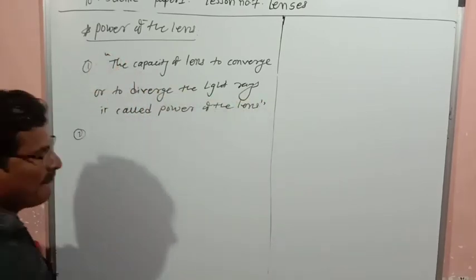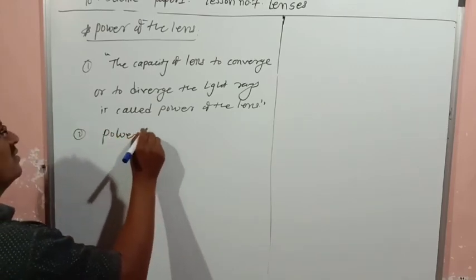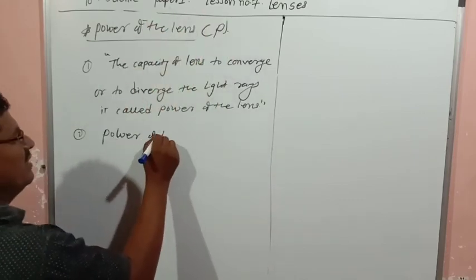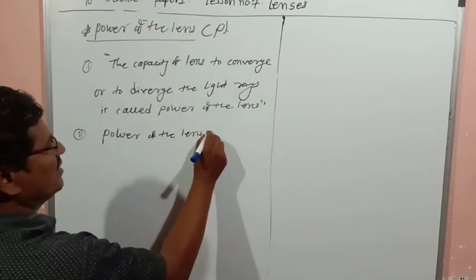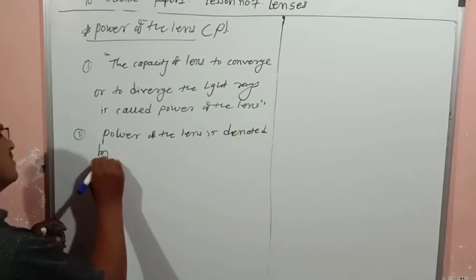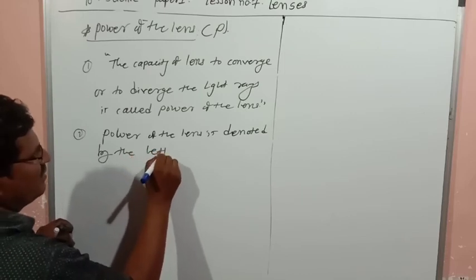Second thing is there, power of the lens you are denoting by the letter P. Power of the lens is denoted by the letter P.